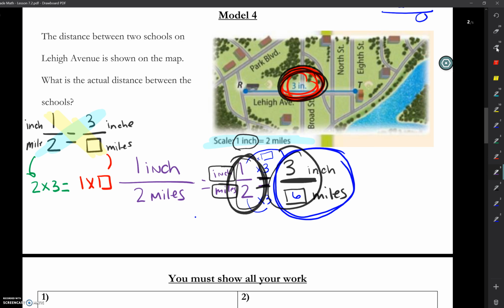Then I solve the problem. 2 times 3 is 6, and 1 times the box. I could reverse it: 1 times a number is equal to 6, or I could divide 6 divided by 1, which equals 6. So this is basically what I'm doing here, and I would get 6.